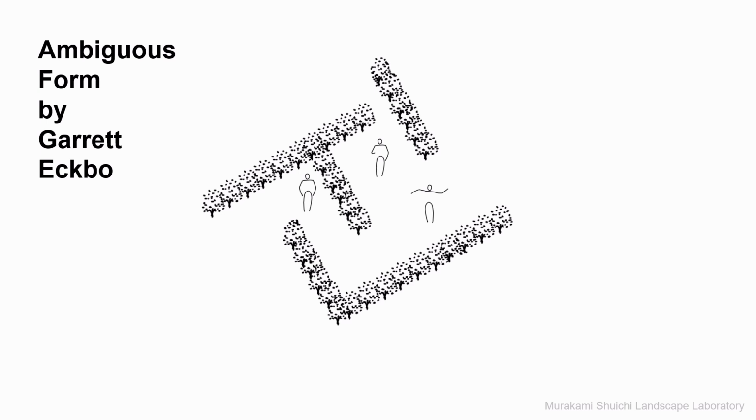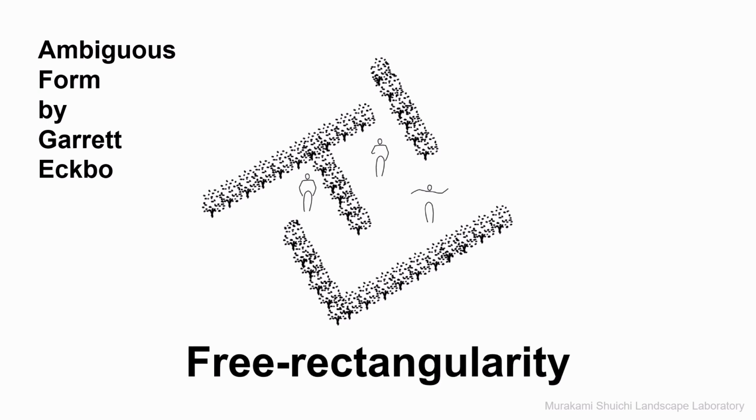Eckbo described this spatial strategy as free rectangularity, committed to the idea of outdoor living space. He aimed to create environments where rooms were clearly defined yet people could freely move among them, and even define their own rooms through movement and perception.